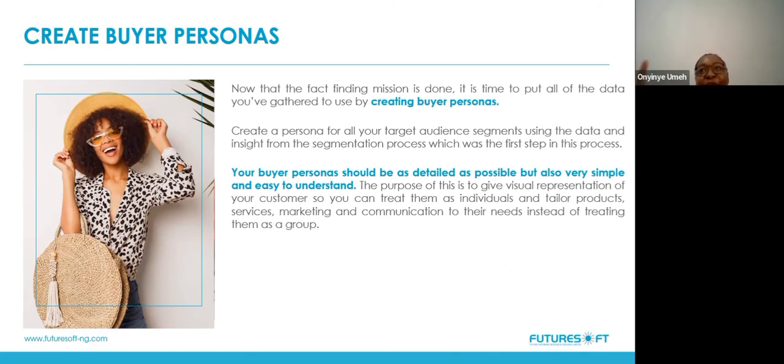It's very different, because now you know who Onyinye is as a person, as opposed to who women between the ages of 25 to 30 are, because people are so different. People are so unique that you want to build a persona that is as identical to your target audience as possible.